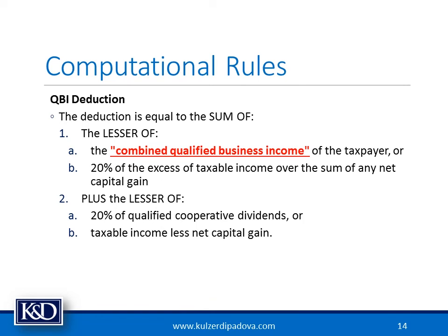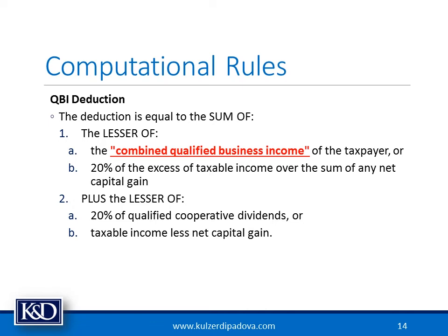All right, so those are the overall limitations, though. After you've computed the deduction, you had one more step. You still have to look at taxable income. So now we're going to pull back a little bit and just look at the QBI deduction itself. So the QBI deduction itself is the sum of two numbers.